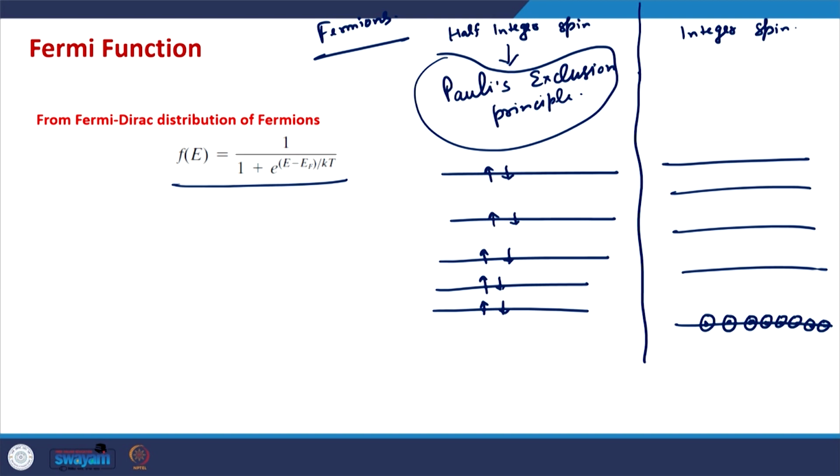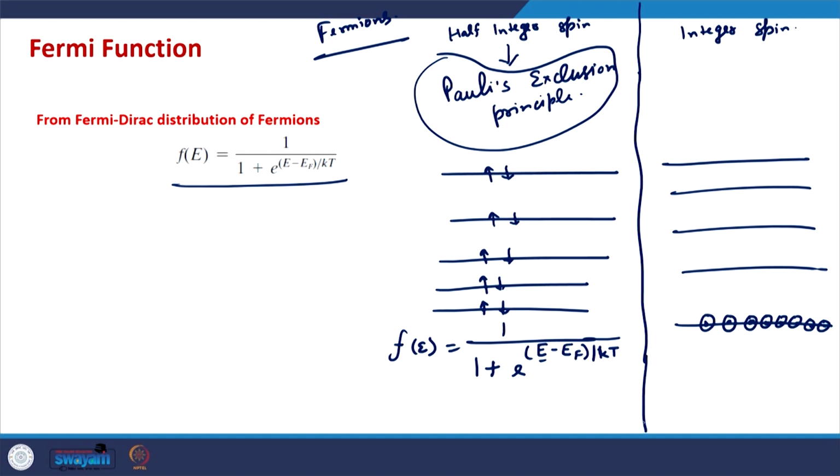The distribution of electrons according to Pauli's exclusion principle is given by the Fermi Dirac distribution function, which reads f(E) = 1 / (1 + exp((E - Ef)/kT)), where k is the Boltzmann constant, T is the temperature, and E is the energy at which we are concerned about the occupancy of the electron.